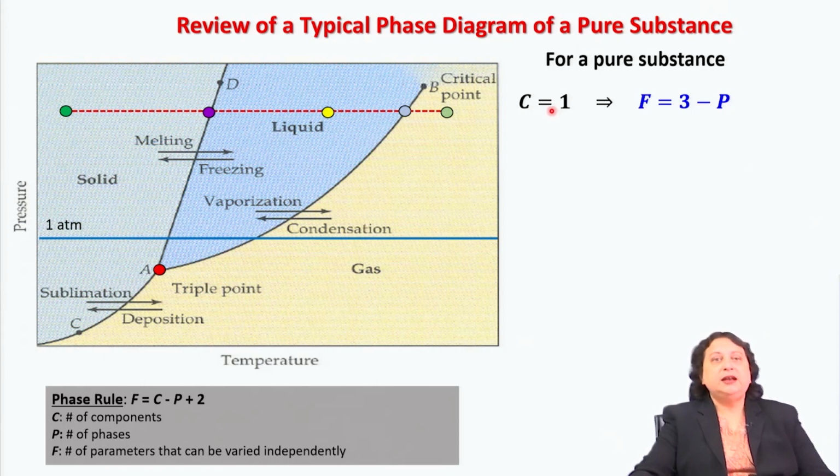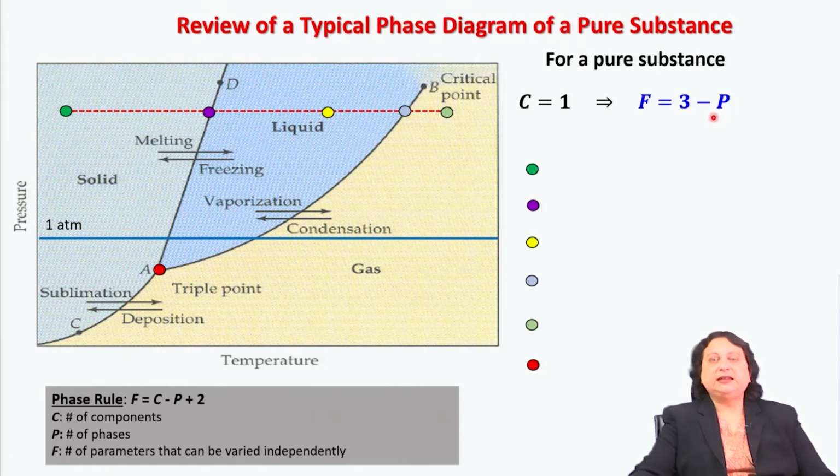Therefore, the number of degrees of freedom to describe this system will be given as 3 minus p. Where did I get this equation from? I just used C equal to 1 here. So, I obtained f, the number of degrees of freedom, equal to 3 minus p.